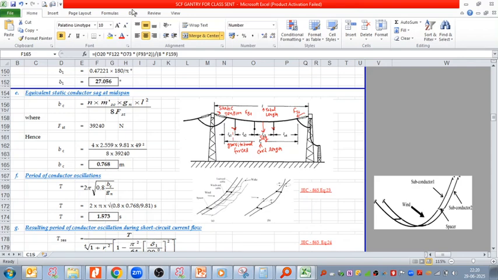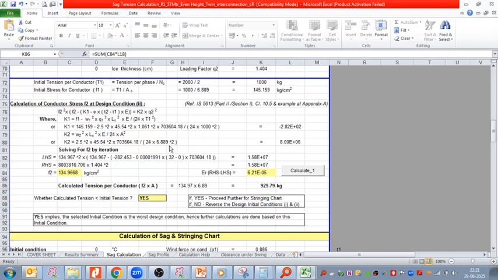Yes, 0.768, and the tension we have considered is the static tension FST. Okay, but if you want, we will discuss the sag tension in other classes anyway. So the tension value coming here is 929.79 kg, where we have taken 1000 kg. Okay, so actually they are using this tension value. Yeah, this tension value. Yes.